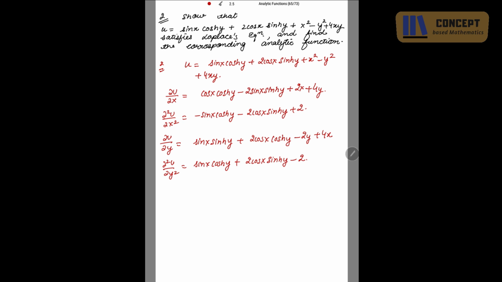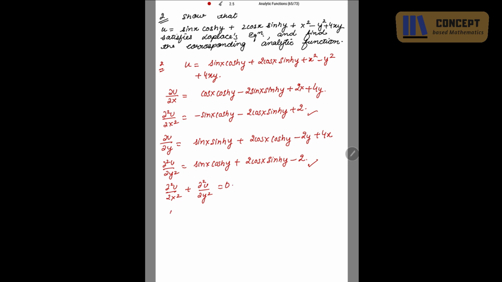Now you see del square u over del x square and del square u over del y square. If we add these two, we get 0. So del square u over del x square plus del square u over del y square is equal to 0.